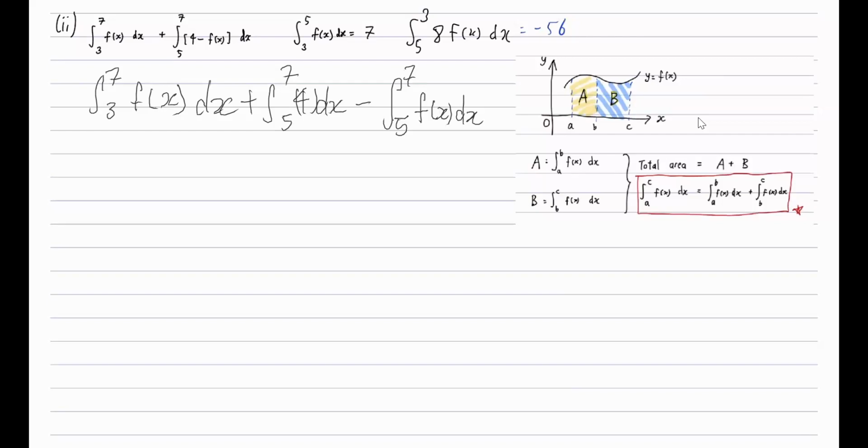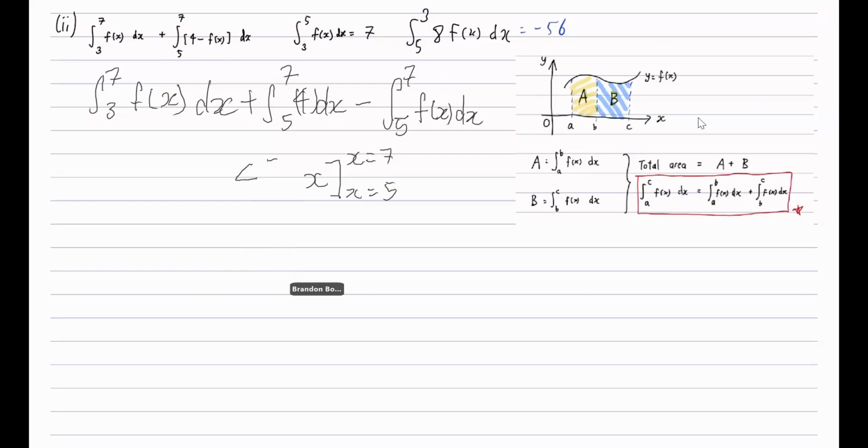Okay, so I know the middle one is solvable. Solve it now. You can also factor out the 4 from the square bracket. 7 minus 5 is 2, so that's 8.